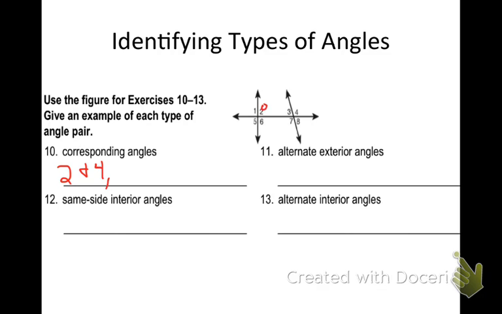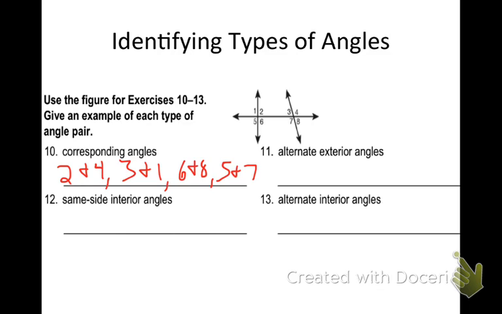So we had 2 and 4. What's another example of corresponding angles? 3 and 1. Nice job. Yep, those would be corresponding angles. Heston, another example of corresponding angles? 6 and 8. And the last set of corresponding angles, Audrey? 5 and 7. Good work.